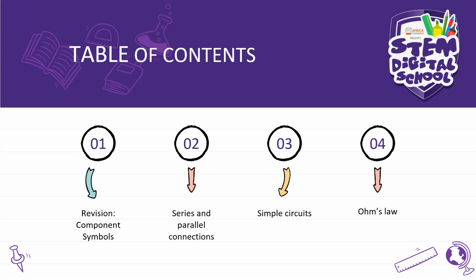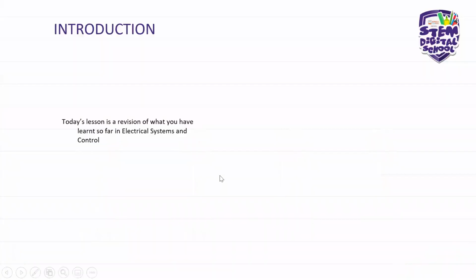We'll do series and parallel connections, simple circuits, and Ohm's law. It's a revision of what you have learned so far in electrical systems and control. Today, mainly we'll focus on the electrical part of it. We'll not go much into the electronics.